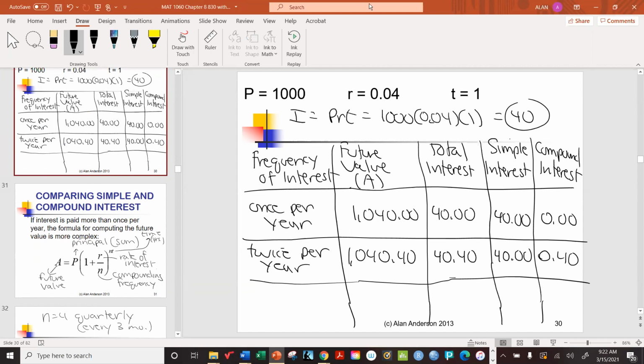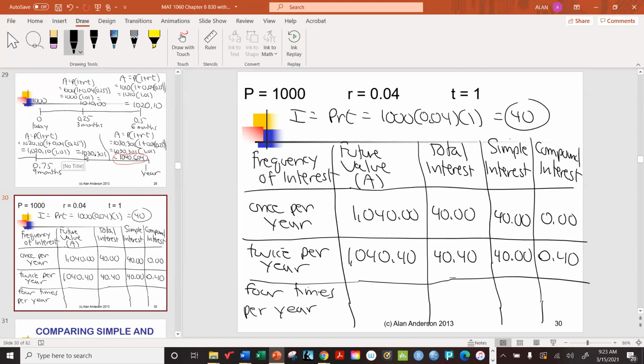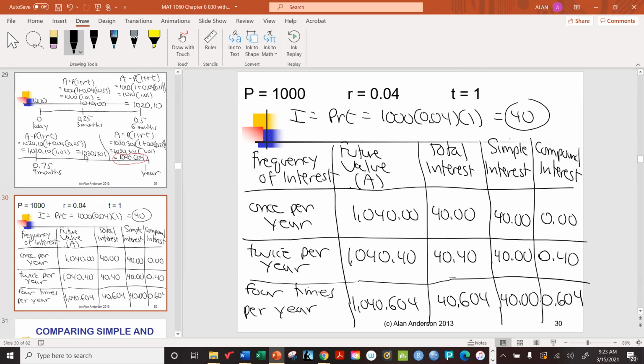And then finally, when we did it 4 times per year, in this last example we just finished, we had $1,040 and 60.4 cents. In practice, the bank would round it to cents anyway, but let's just leave it like this. $40.604, of which the simple interest is 40, and the rest is the compound interest.